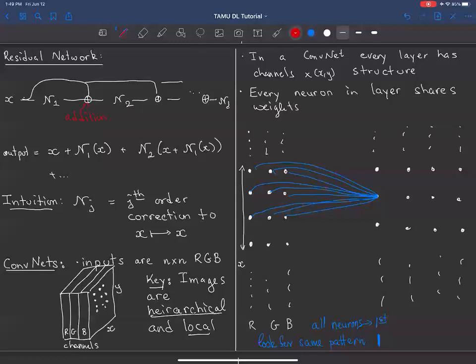But if I go to the red channel, for example, maybe that's what I call the second channel, again, the wiring diagram is local in the sense that this neuron is connected to all the spatial locations and the channels of the previous layer. So maybe like this. I don't think I missed any. But these red wires are going to have different values than the blue wires. And what that means is that your network is going to be searching for a different kind of structure, a different feature. Blue might be fur, red might be whiskers, roughly speaking.